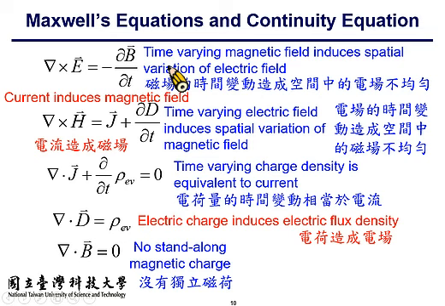So it says that the time variant magnetic field induces spatial variation of the electrical field. Remember, on the left hand side is the spatial derivative, on the right hand side you have the time derivative and the source condition.